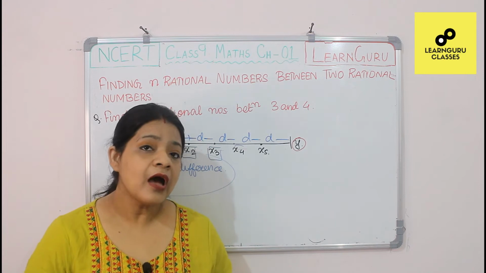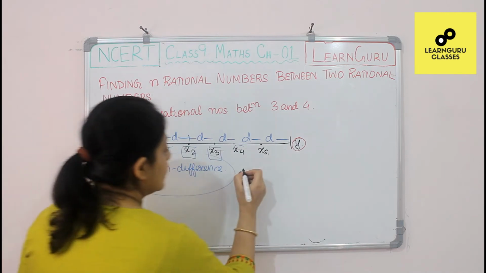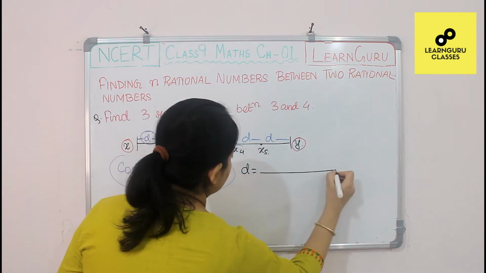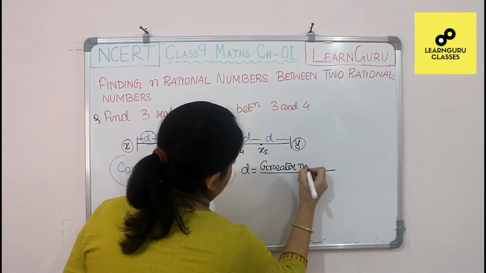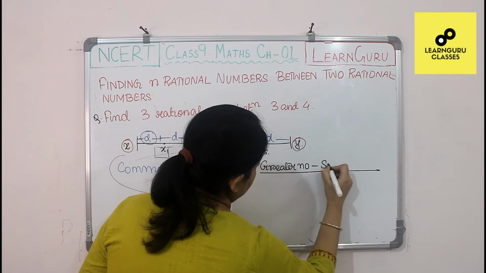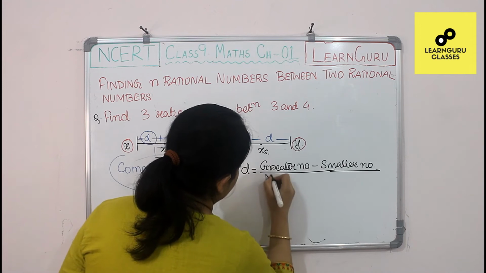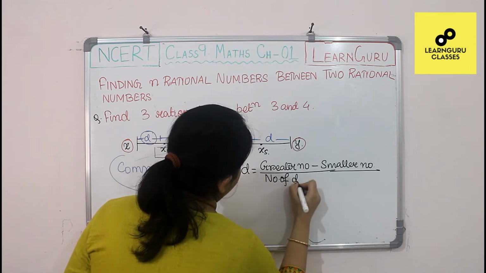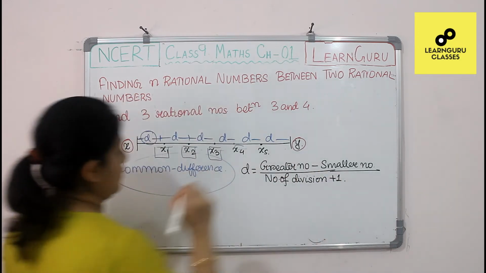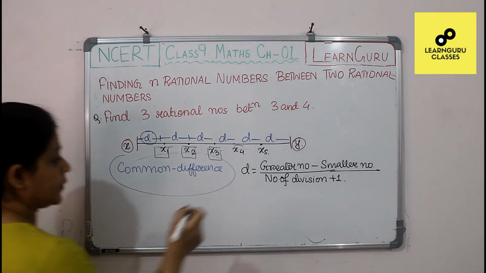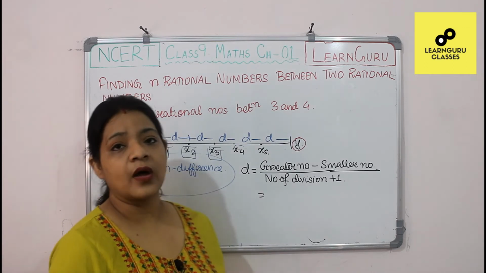There is a formula for finding the common difference. So what is that formula? d is equal to greater number minus smaller number, divided by number of divisions plus 1. Number of divisions means the number of rational numbers you want to find out.